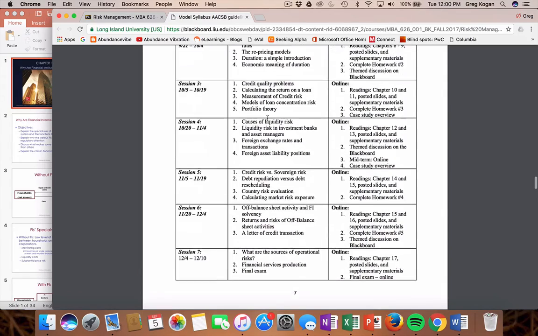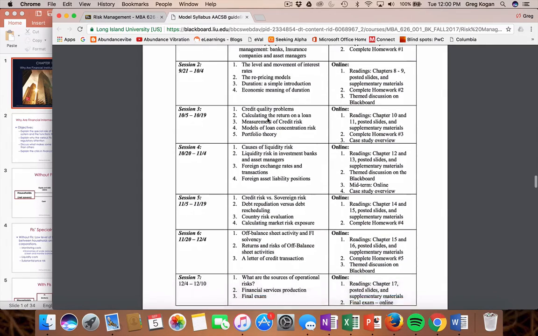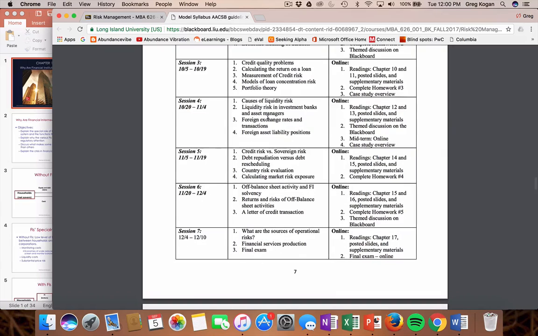In session 3, we're going to go over credit risk, which you can think of as more of a default risk. How do you manage the risk that people are not going to pay back their mortgage, or businesses are not going to pay their business loans?